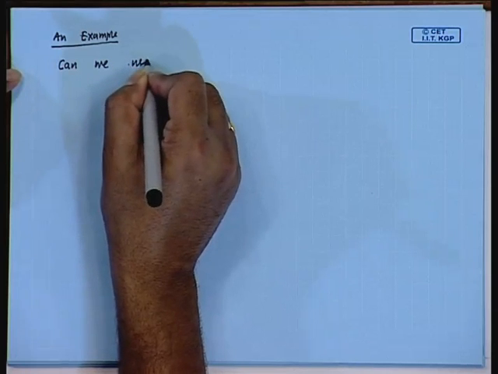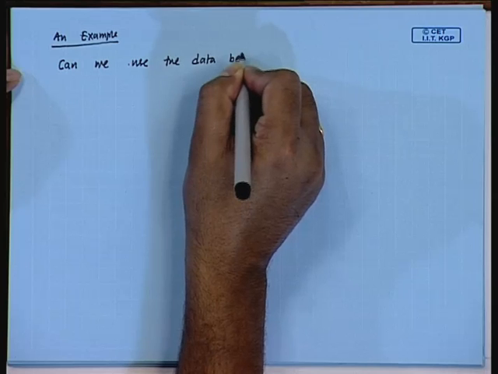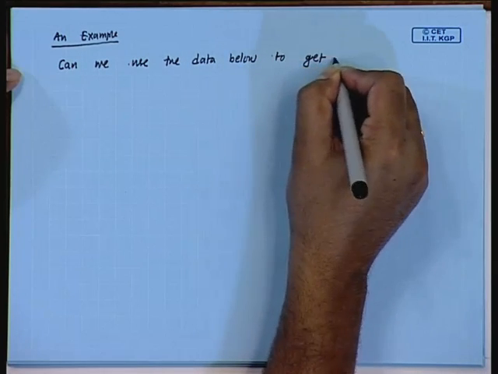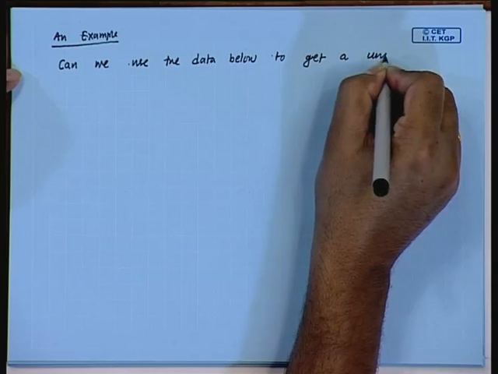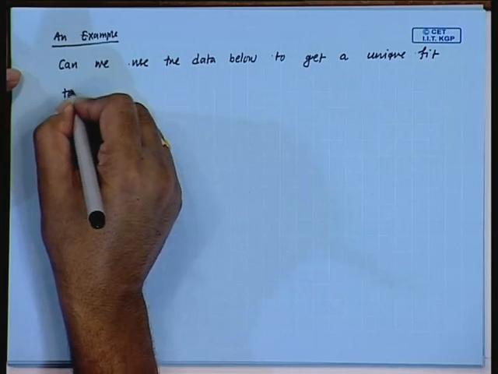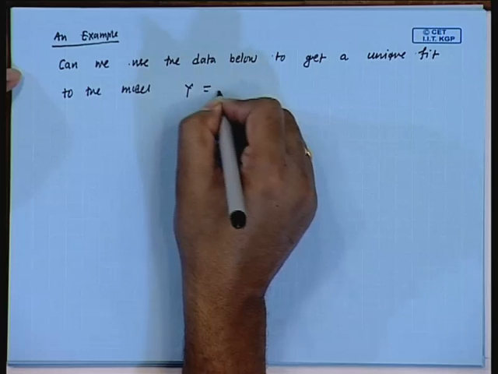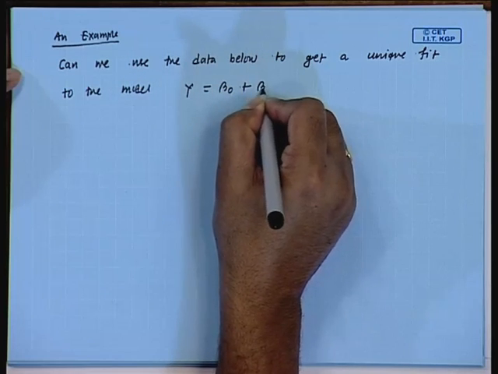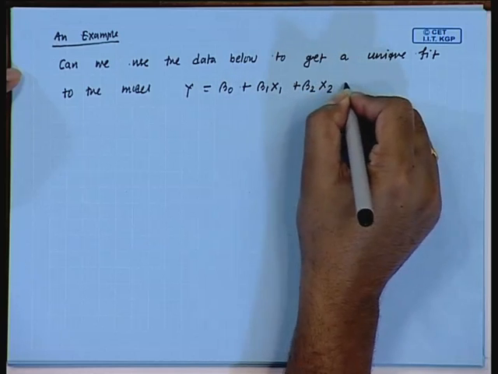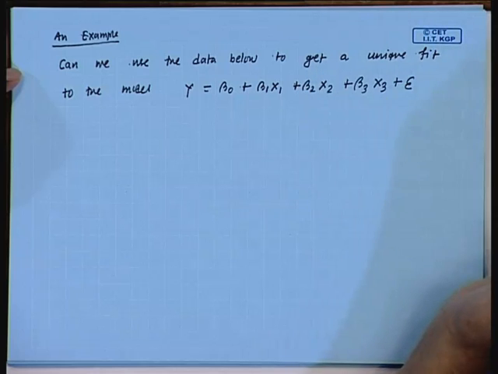Can we use the data below to get a unique fit to the model y equal to beta naught plus beta 1 x1 plus beta 2 x2 plus beta 3 x3 plus epsilon.